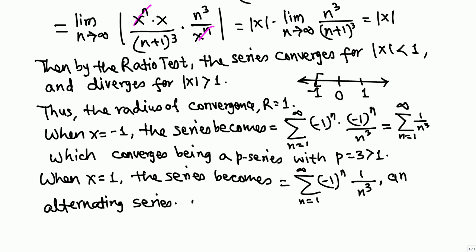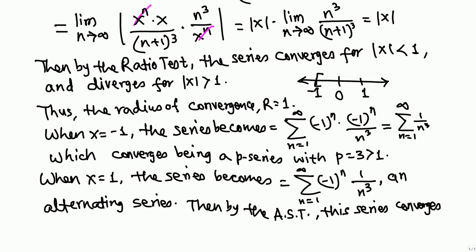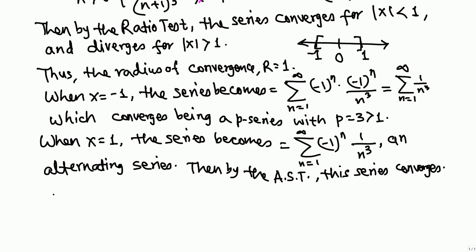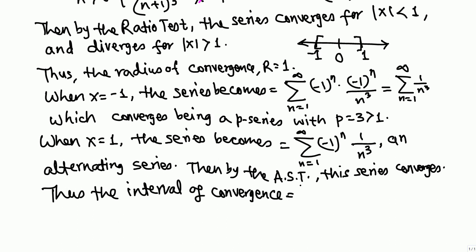Then by the alternating series test, this series converges. That means 1 can also be included in this interval. Thus, the interval of convergence is negative 1 to 1, inclusive.